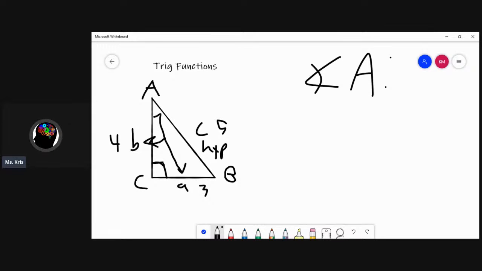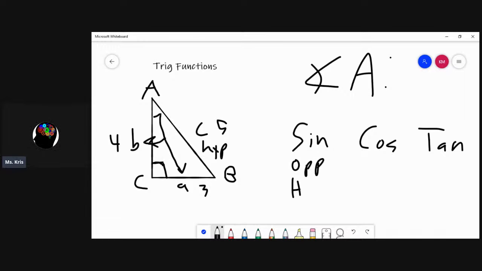Because in order to understand all six, you must first remember the first three, because the first three lead to the last three. Okay, so first thing we have is sine. Next we have cosine, and we have tangent. Now, sine goes by the word SO, and that represents opposite over hypotenuse.